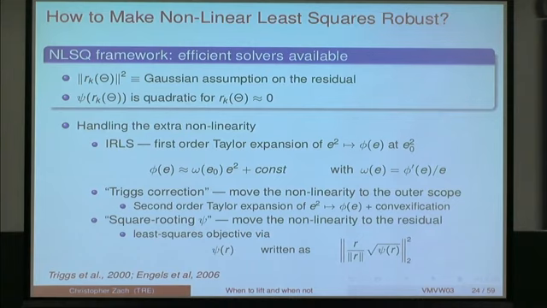A bit more recent and elaborate method is recently termed Triggs correction by one of the major software packages people use these days. Basically, it's a second order approximation of your robust cost in a certain way, but because this second order approximation might be non-convex, it doesn't fit your nonlinear least squares structure, so in case it's non-convex, you somehow convexify it.